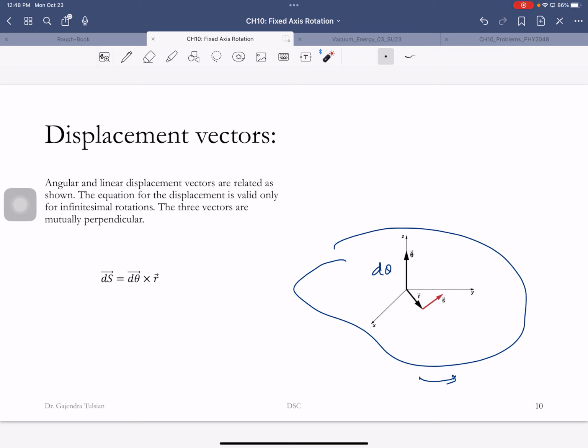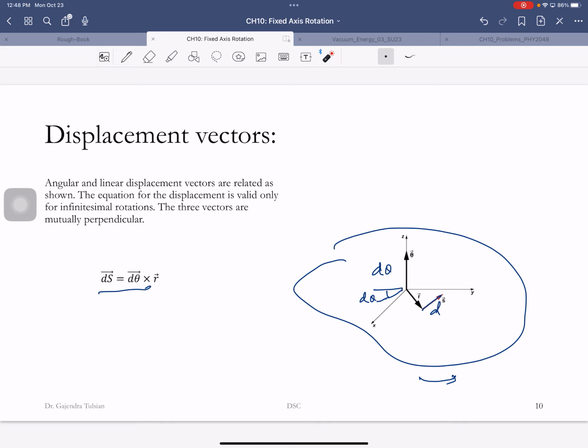And when this object rotates through a small angle d theta, the displacement vector is in this direction. This is the infinitesimal distance that this point moves from here to there. Okay, that's what this is giving you.